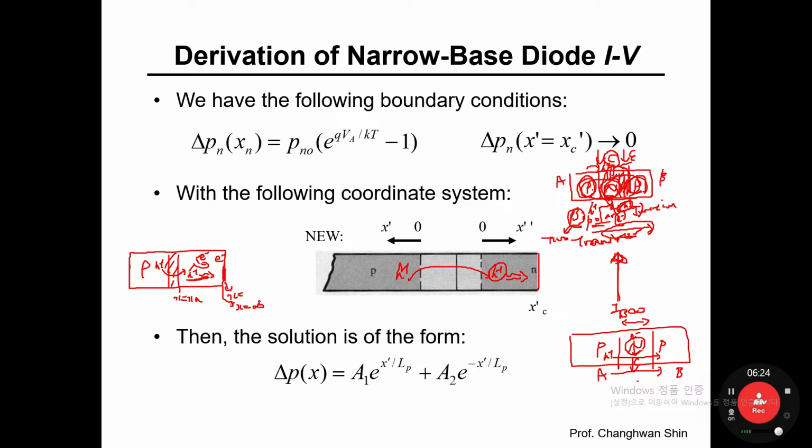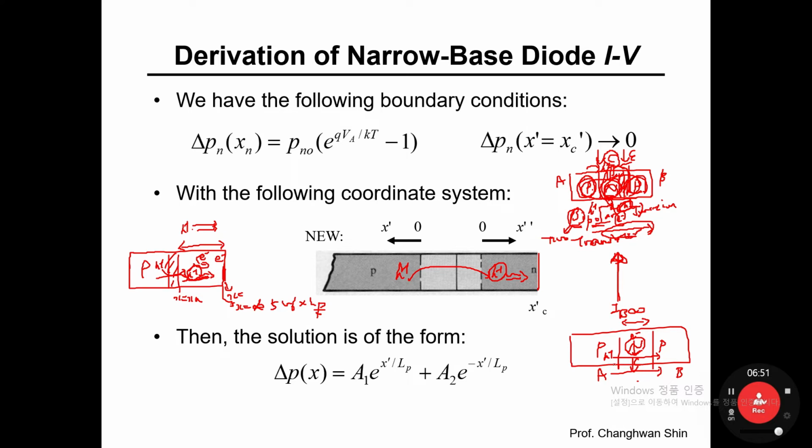Usually this infinity indicates a 5 or 6 times the diffusion length of the holes injected from the p side. Okay, so the total length for injected holes, walking around and moving forward, is long enough to be recombined with electrons.